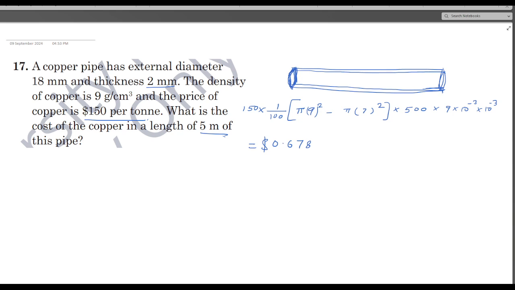So this copper pipe costs 67 or 68 cents, I will say. Okay, they have not asked me to answer in cents, so I will keep this as 0.678, or approximately $0.68.